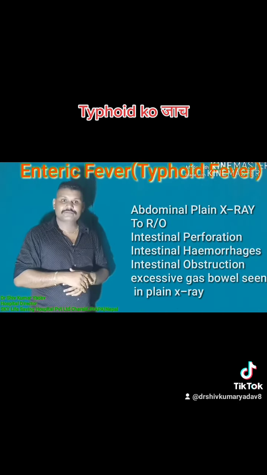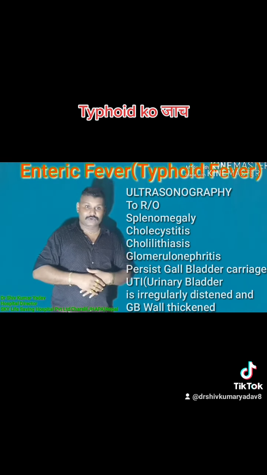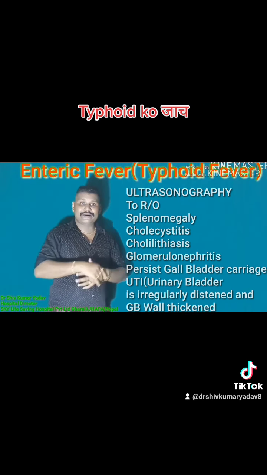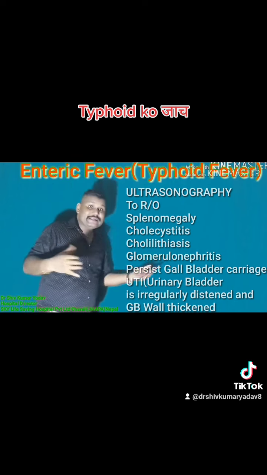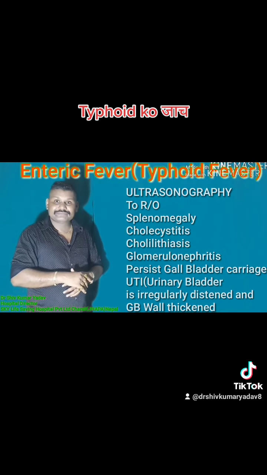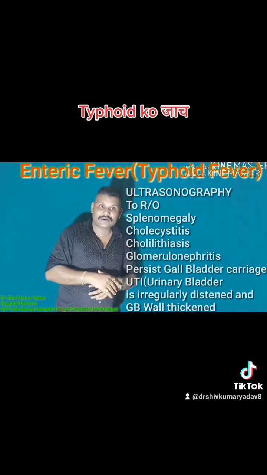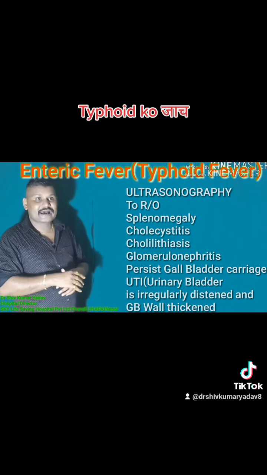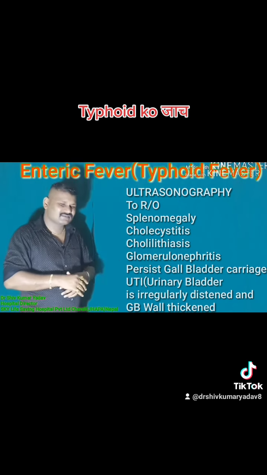We can perform ultrasonography to rule out whether the patient has gallbladder abnormality, might be cholecystitis, cholelithiasis, whether the patient has splenomegaly or not, liver abnormality or not. And whether the patient has kidney problems like hydronephrosis, it's rare.